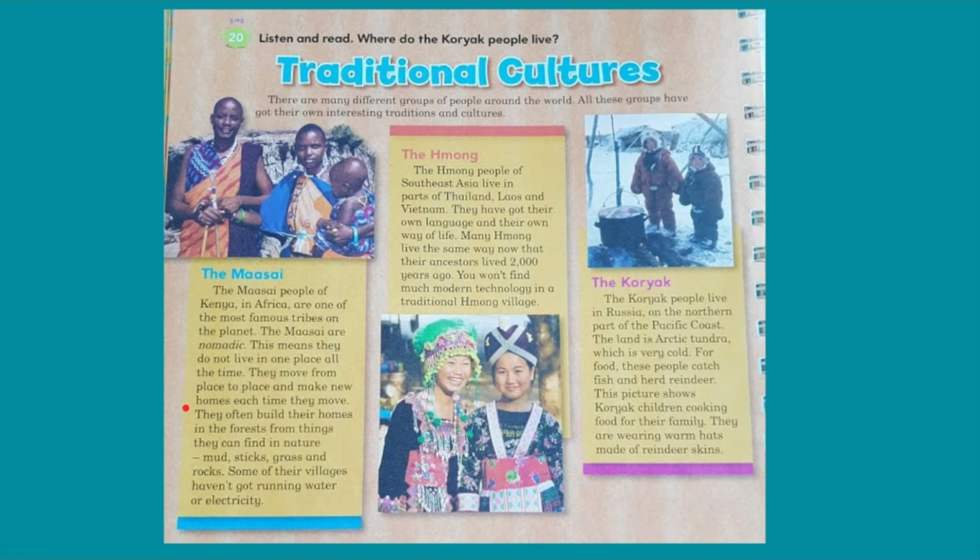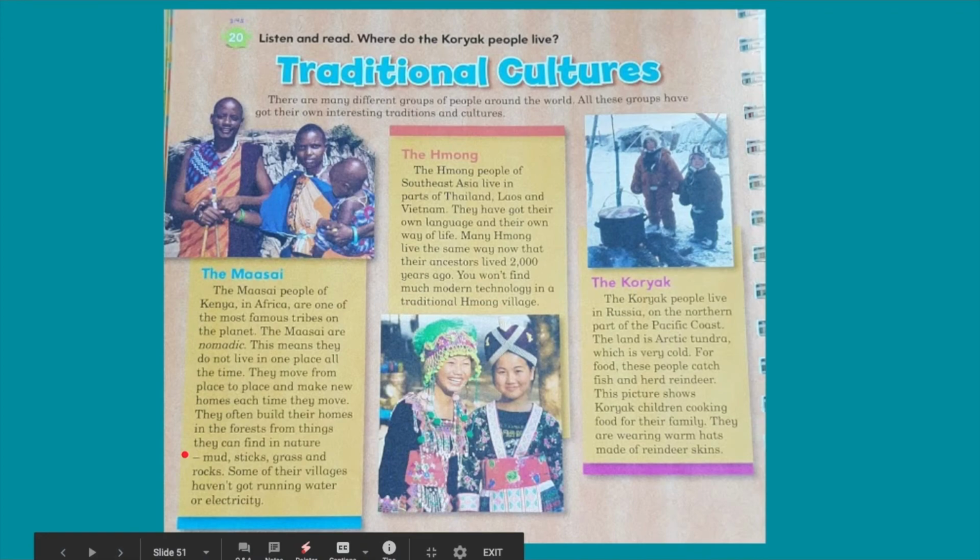They often build their homes in the forests from things they can find in nature: mud, sticks, grass, and rocks. Some of their villages haven't got running water or electricity. The Hmong.